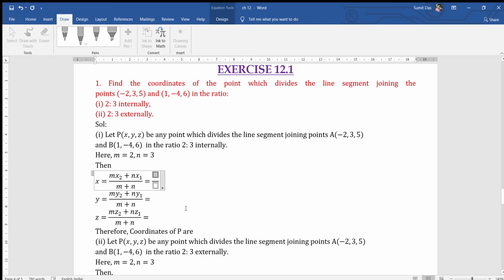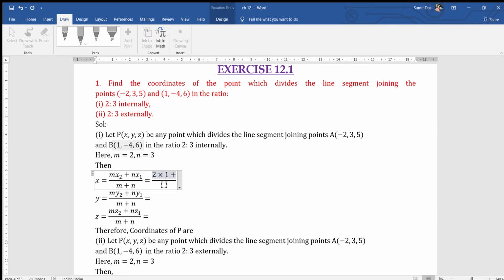What is the value of m? The m value is 2. 2 into x2. X2 is how much? X2 is this one, 1, plus n. N is 3. 3 into x1.